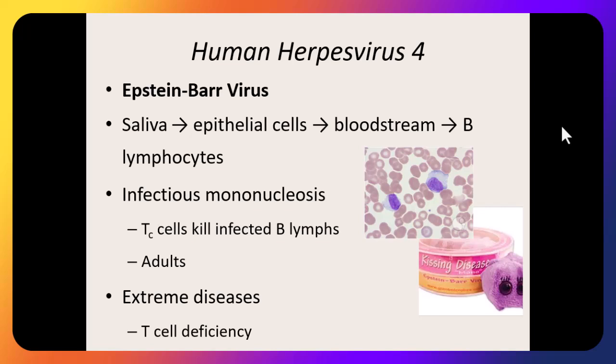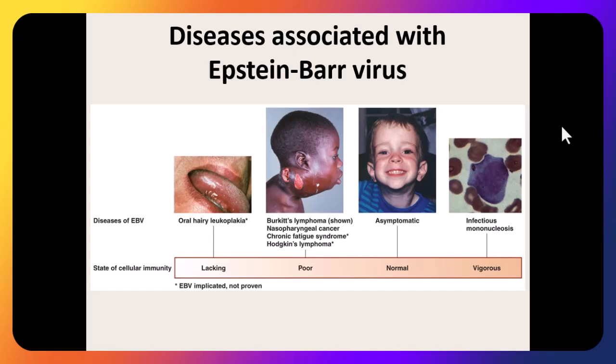It can cause some extreme diseases if you're immunodeficient, meaning if for whatever reason your immune system is off, you don't have enough T cells. As long as you've got a normal immune system, your main outward thing is infectious mononucleosis.